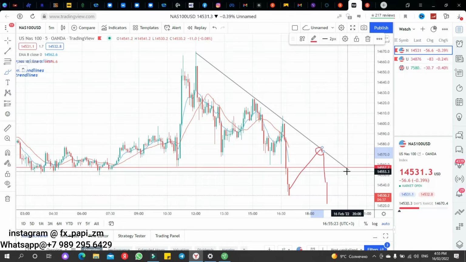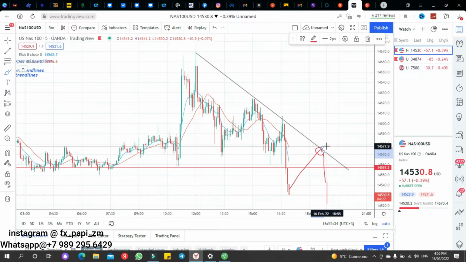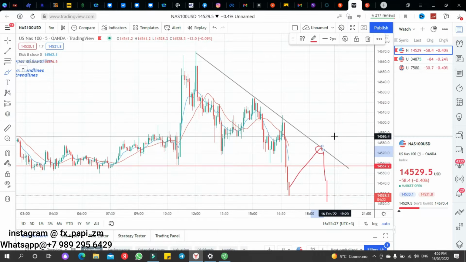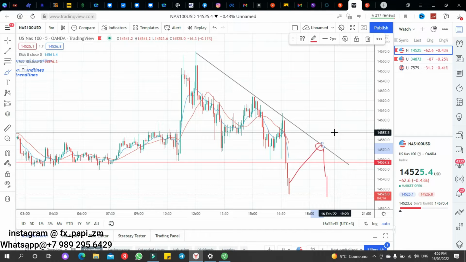So how can you know if this is a selling opportunity or not? The best way to know is by using candlestick anatomy. You understand? I mean, it's by you recognizing the candlestick patterns. Like for instance, the bearish engulfing, the evening star, and everything like that.